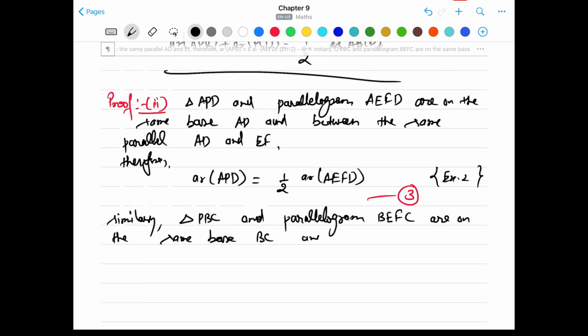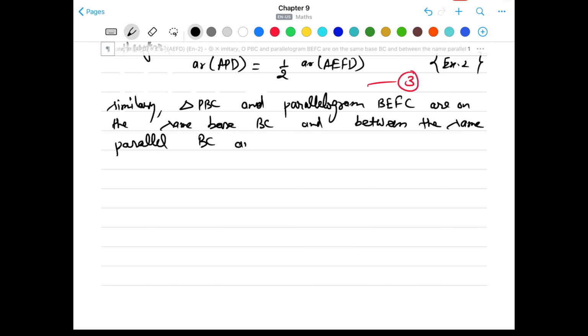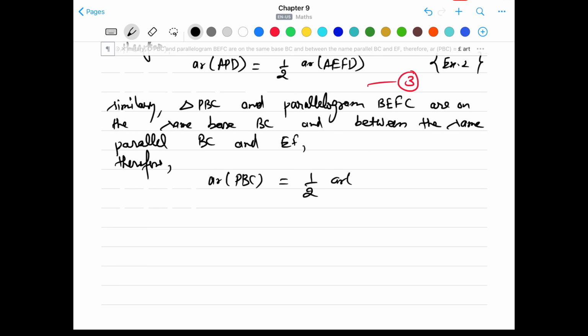The same base here is now BC, and between the same parallel lines, BC and EF. Therefore, the area of triangle PBC will be equal to half the area of parallelogram BEFC. Now let's name it equation number 4, and the reason is again the same, the statement of example 2.